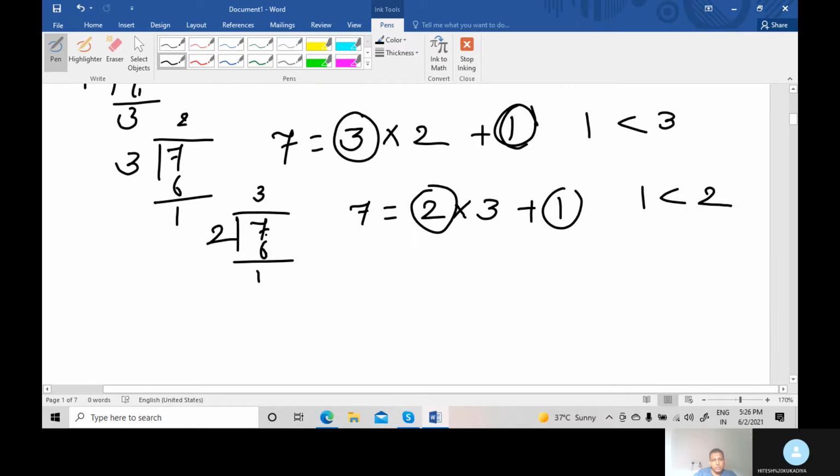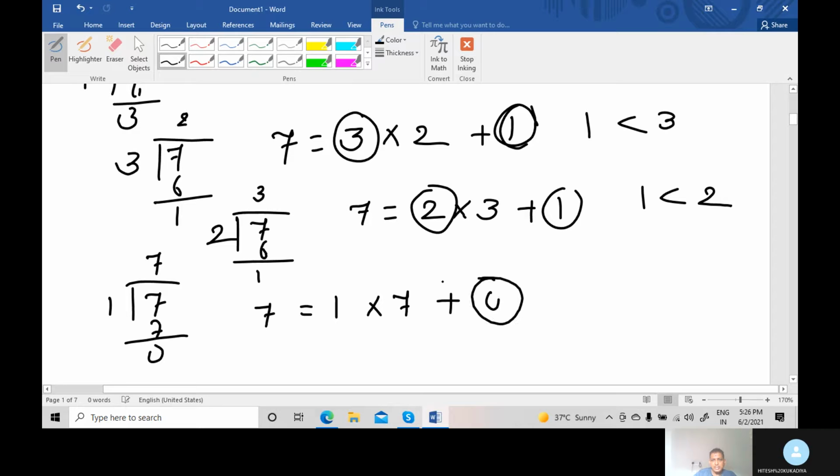Observe, what is the meaning? 7 divided by 1. 1 sevens are 7, remainder 0. So 7 equal to 1 into 7 plus 0. So the remainder 0, the remainder is smaller than divisor. Is that clear?